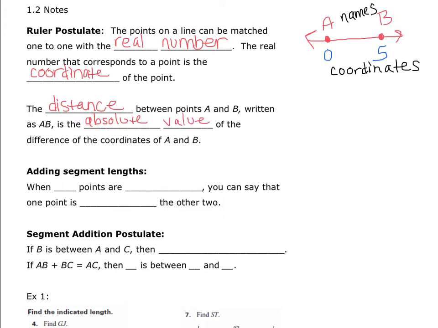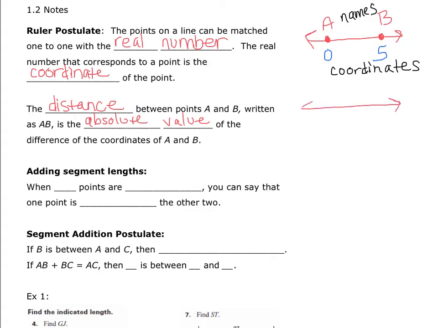So this is all about measuring distance, like you're using a ruler. That's why it's called the ruler postulate. When you use a ruler, you measure from 0 to 5, and that would be 5 inches. But you don't always have to start with the 0. You could start at 5 and go from 5 inches to 10 inches, and you would still say that's 5 inches. So it's just talking about the difference between the 2 points.